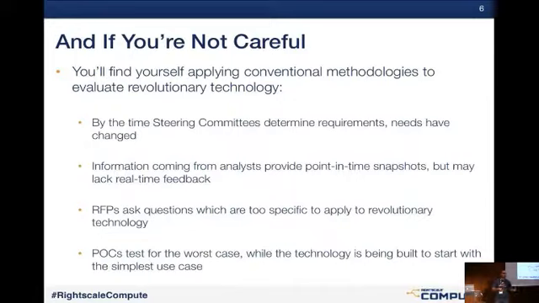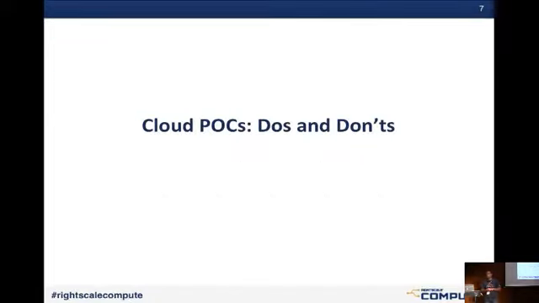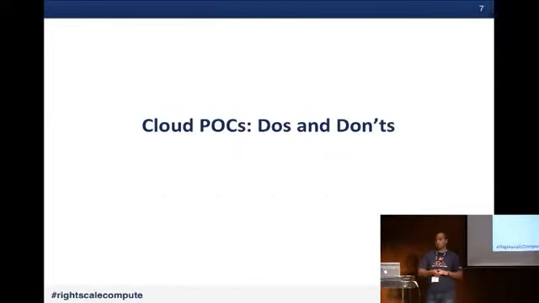It's starting with the simplest applications and then working its way on up. So if you start with that most complex application and your POC fails, you didn't tell yourself anything. So we'll walk through a very different approach in terms of how you can approach those evaluations and those POCs. So with that, we'll go ahead and jump right into it.